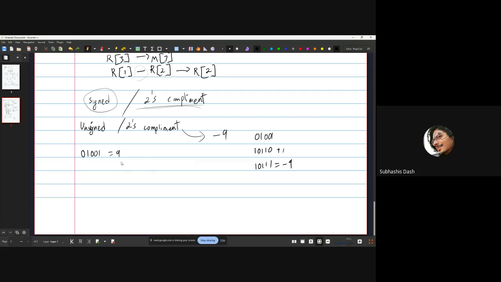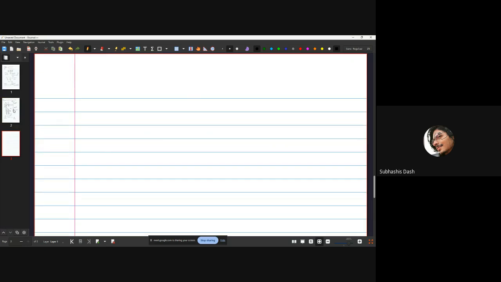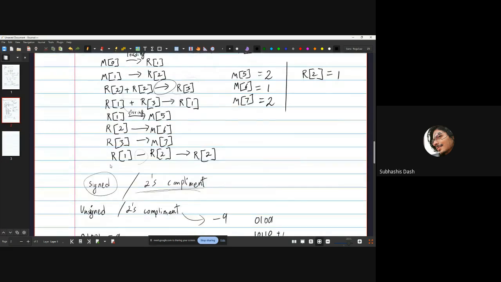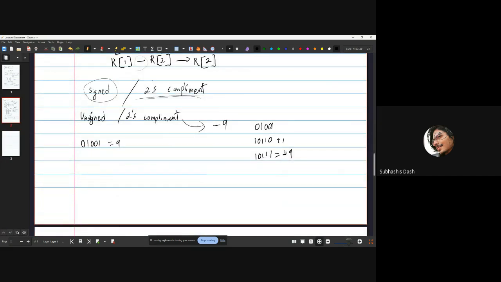Okay, so here's a question for you guys. Not why do we need, but how do we get 2's complement? Why is this the negative number? So first answer the previous question: why is this representation considered negative?